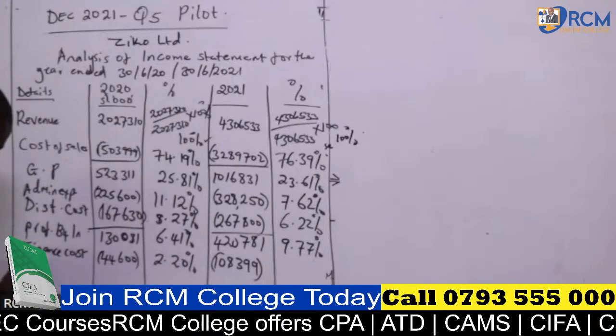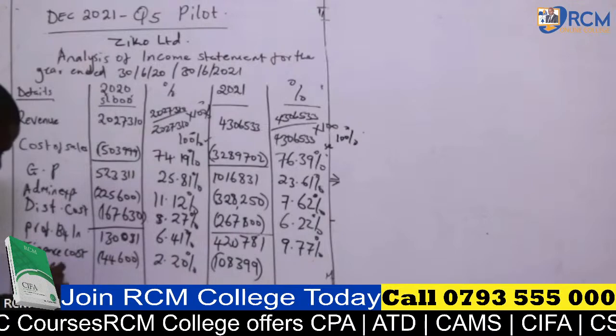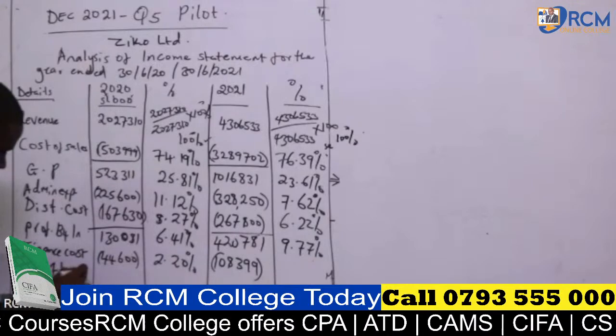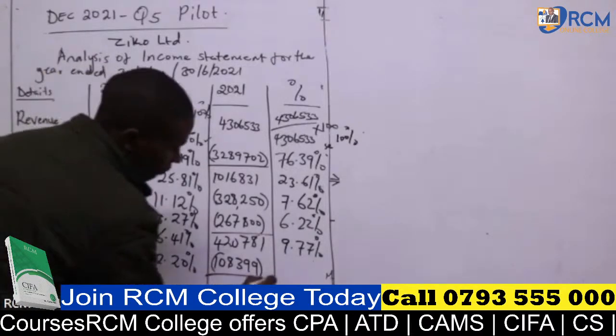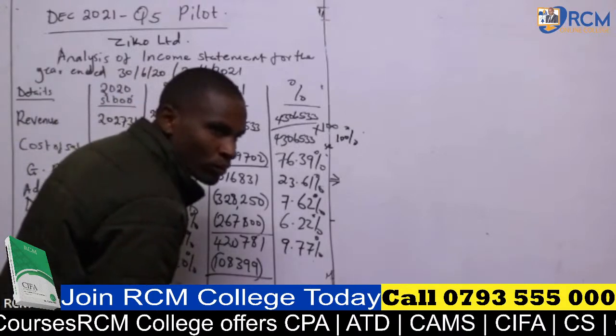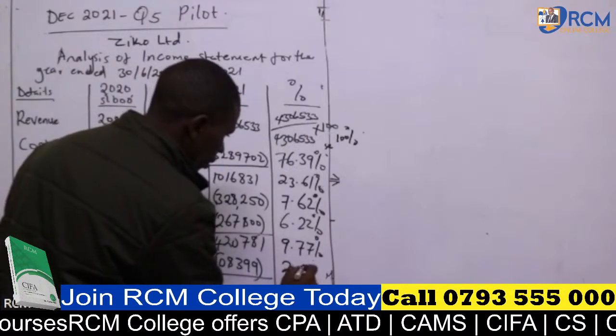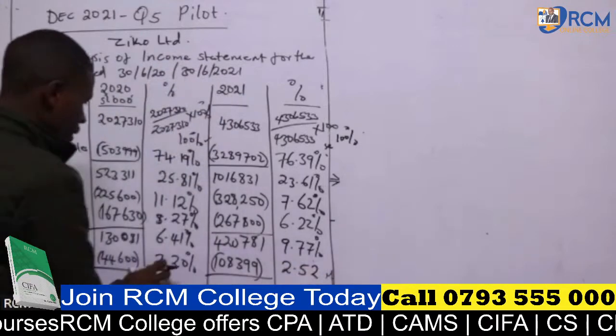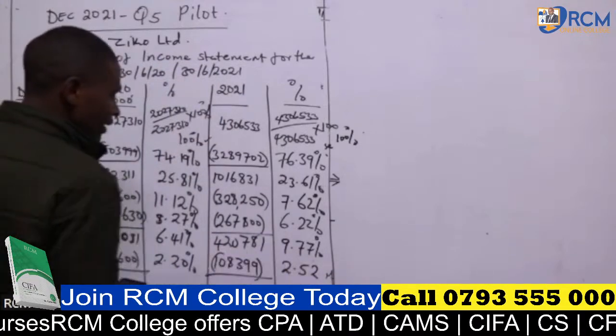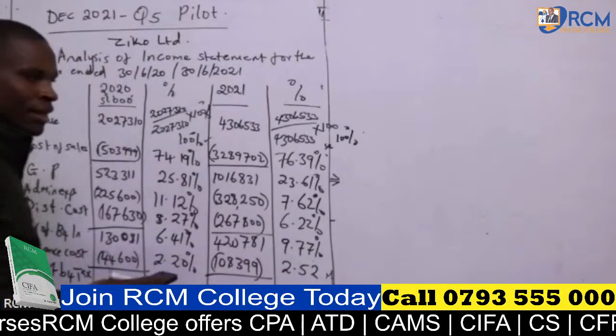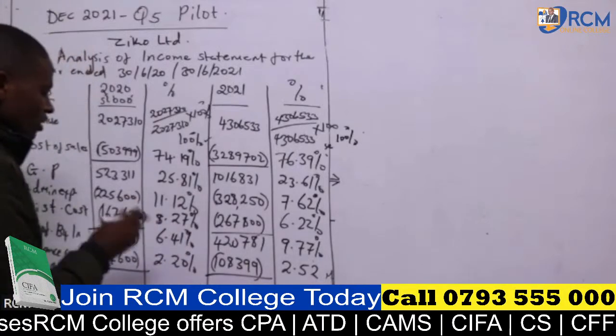Profit before tax is our next. Profit before tax. This will be given by the difference. 2.52. So unaona, sasa ukiweka hivyo unaona difference. Because you are trying to analyze even the smaller difference.